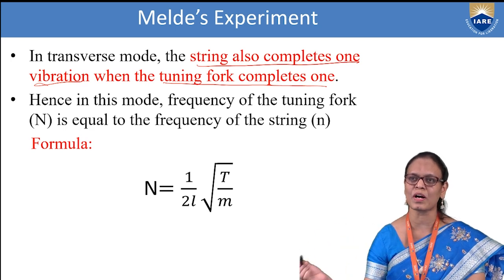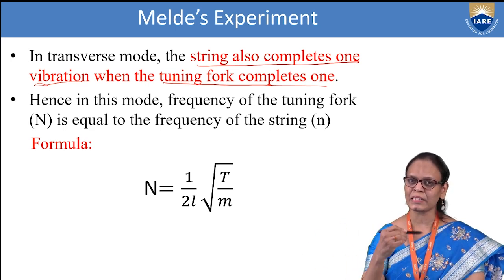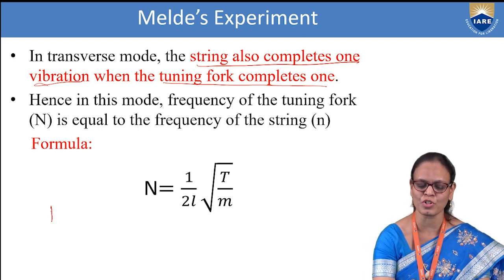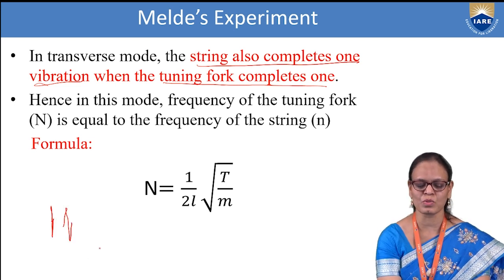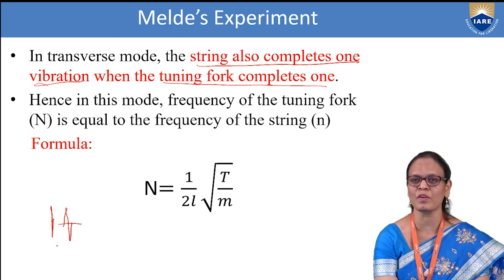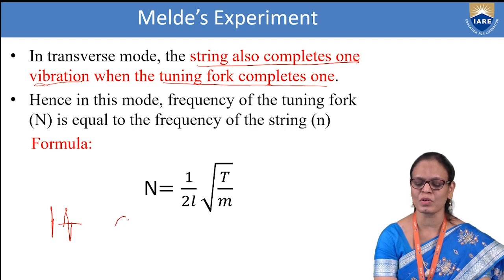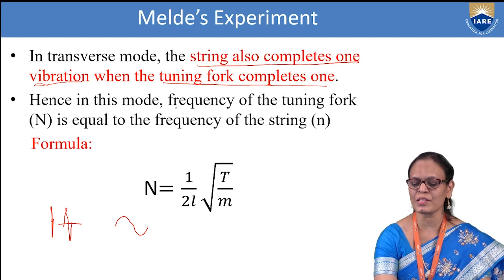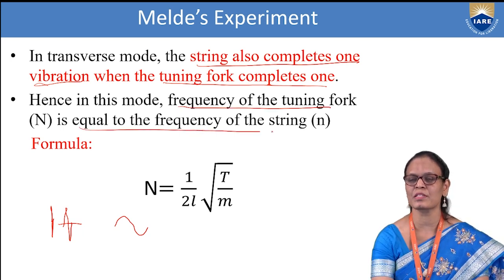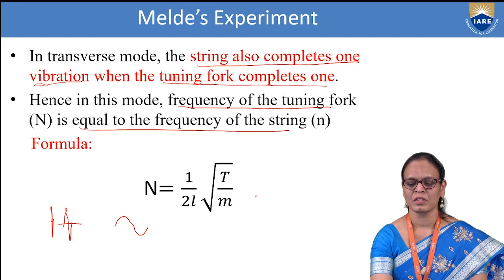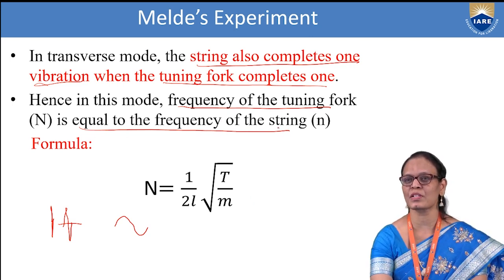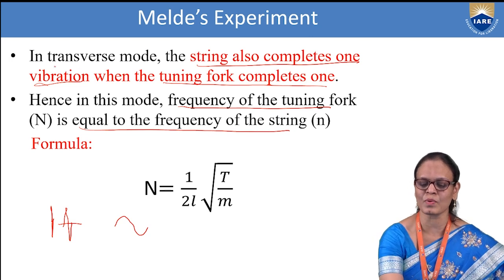The string is also vibrating, and by the time the tuning fork completes one vibration, meaning one to and fro motion like this, which is one complete vibration, the string also completes one complete oscillation. So the frequency of the tuning fork is equal to the frequency of the string. This is the point you have to remember in transverse mode.